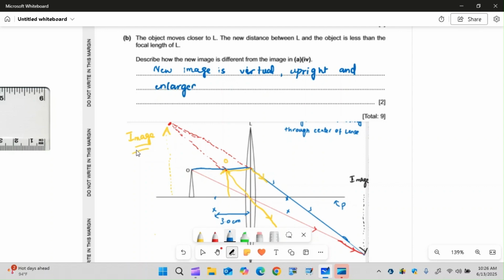And this property of the convex lens, when the object is in between the focal point and the optical center, we call it a magnifying glass. So this convex lens now behaves as a magnifying glass.